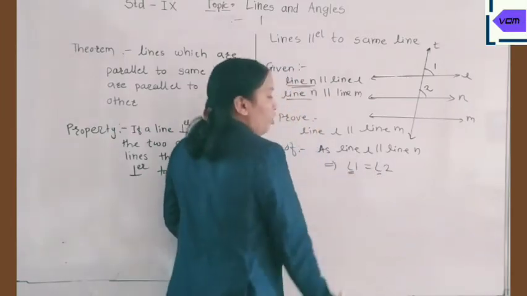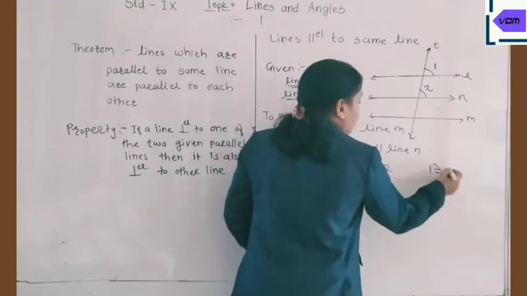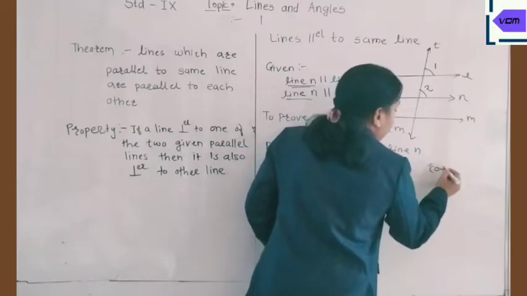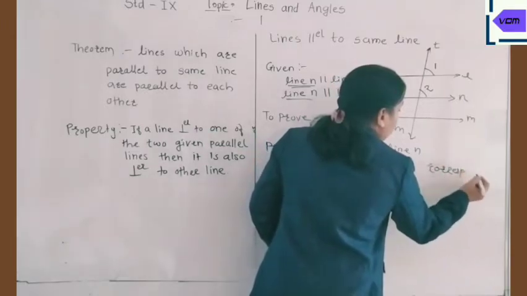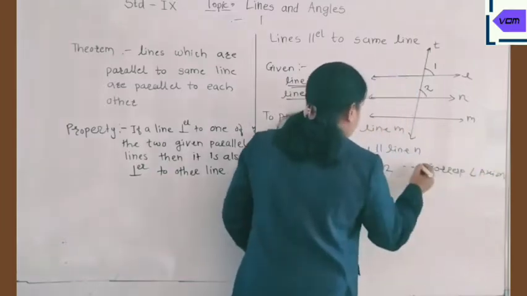Please use this symbol of angle. You don't write just 1 is equal to 2. Write angle 1 equal to angle 2 by the corresponding angle axiom. You have to write the reasons.